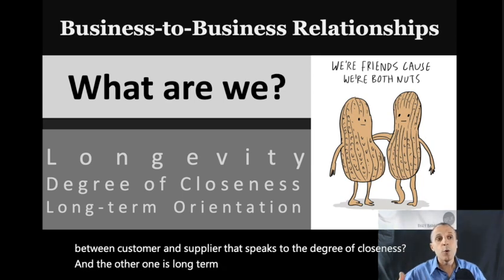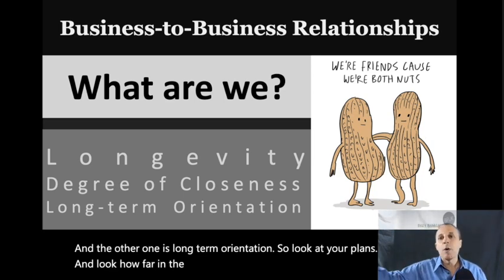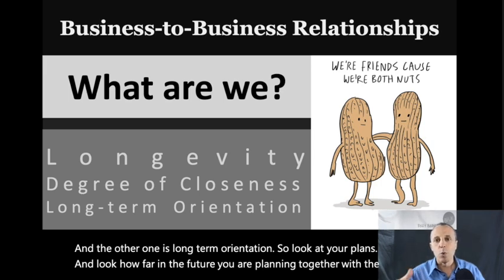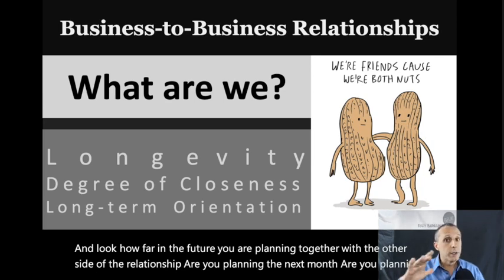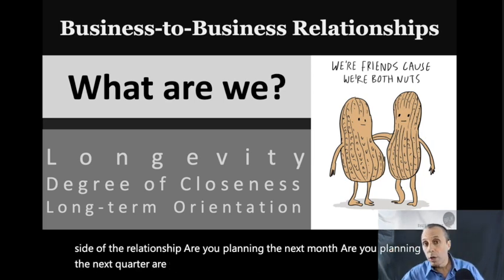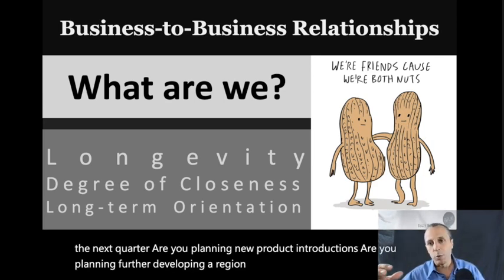And the other one is long-term orientation. So look at your plans and look at how far in the future you are planning together with the other side of the relationship. Are you planning the next month? Are you planning the next quarter? Are you planning new product introductions? Are you planning further developing a region somewhere in the world?